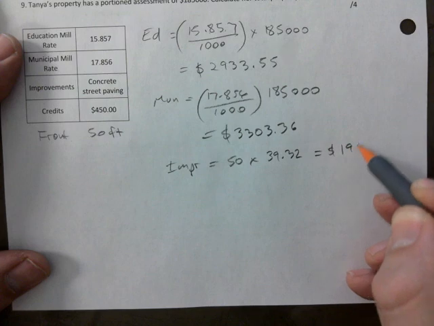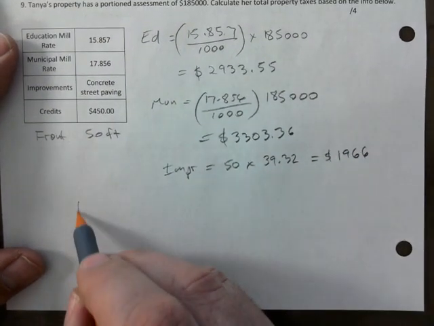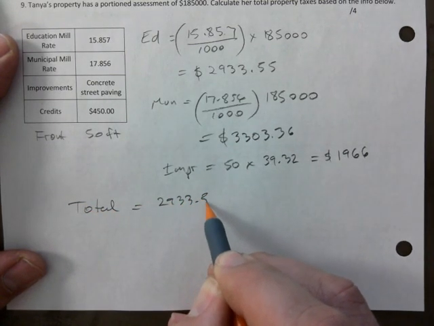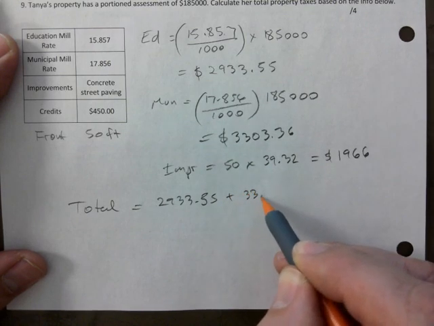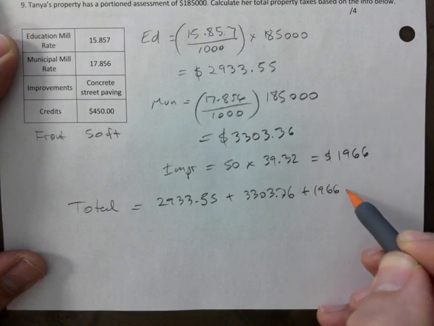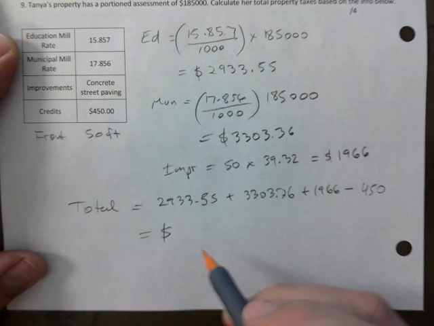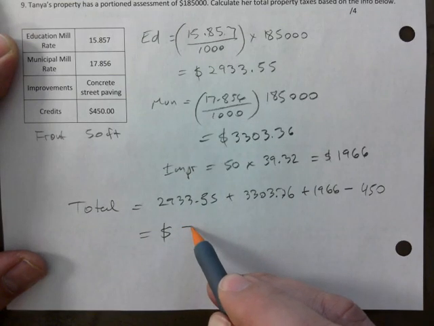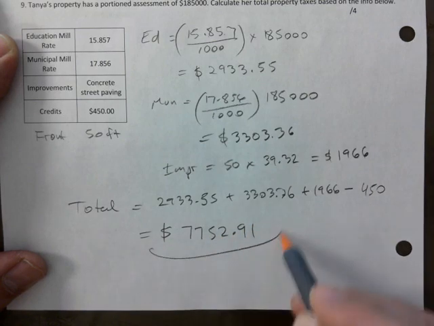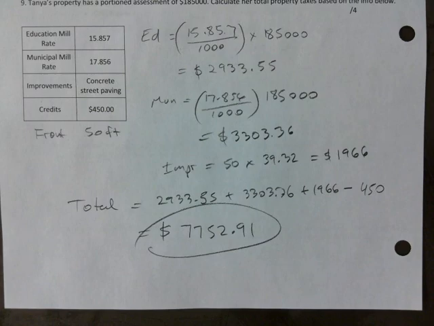That is 1,966. Right, so total is 2933.55 plus 3303.36 plus 1966 minus the $450 credit. So here it is, 7,752.91.